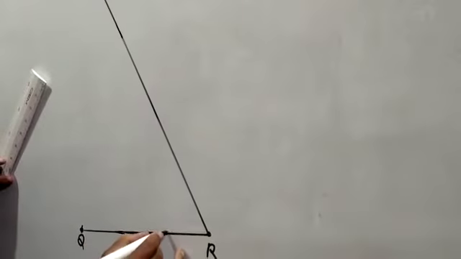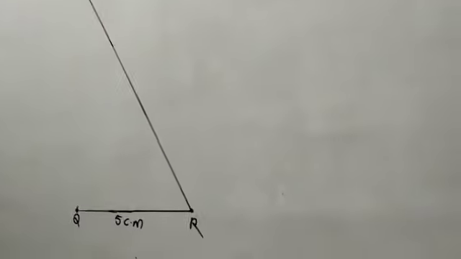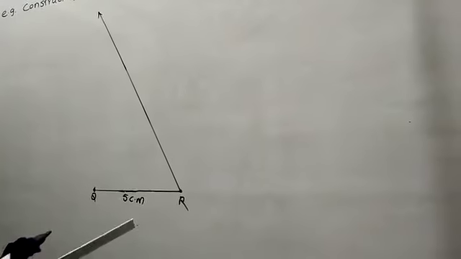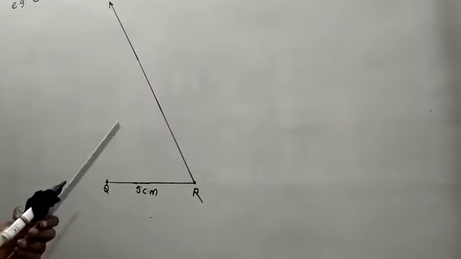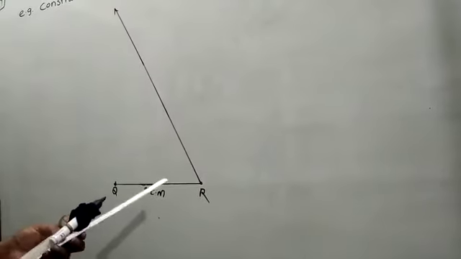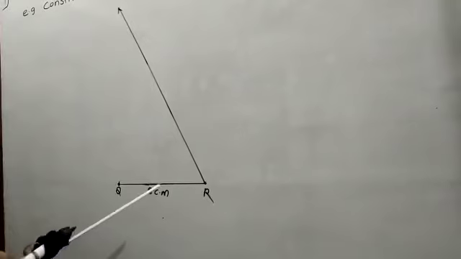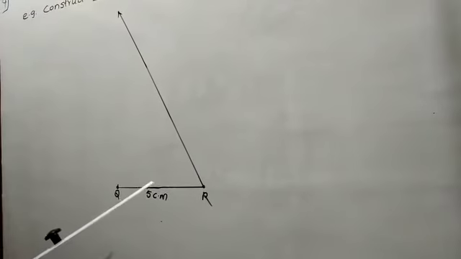After that, friends, you have to make the arc of 6.2. Keeping the pointer on R, for the point S you have to make the arc. So you have to take the distance of 6.2 centimeter.